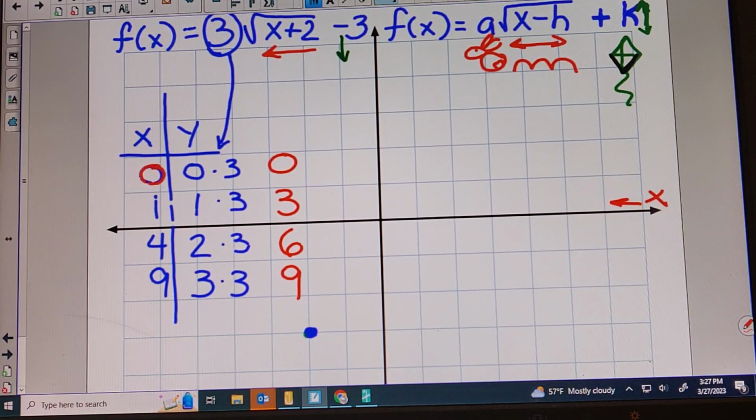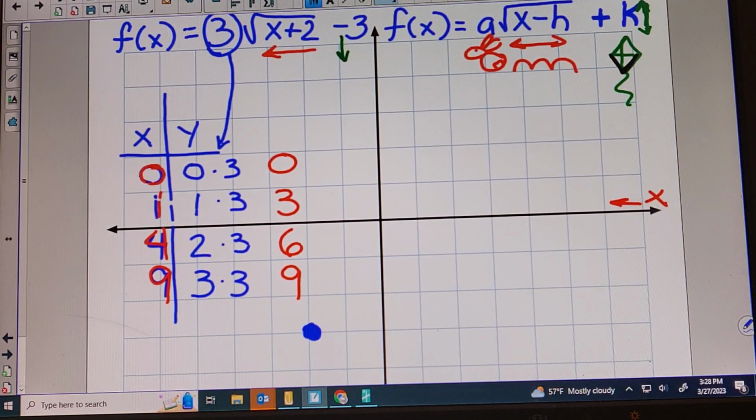So these are the new points that we are going to plot. And this is very important. We're not starting at 0, 0. We're starting at our new origin. So we're considering that 0, 0.